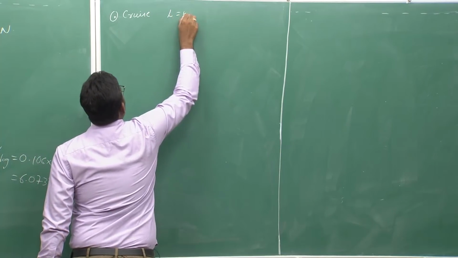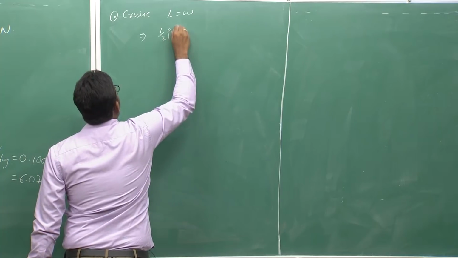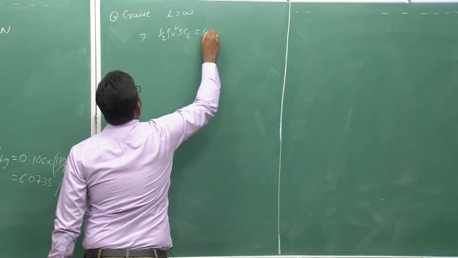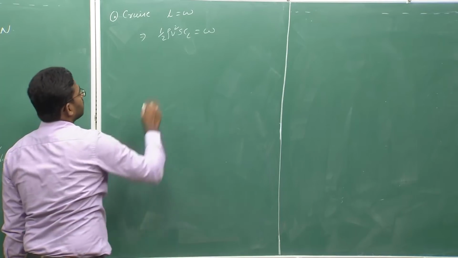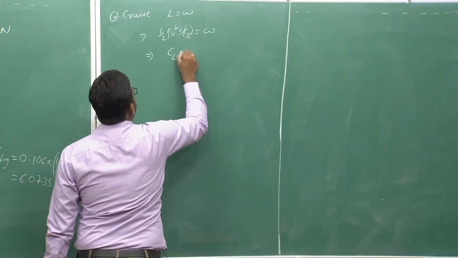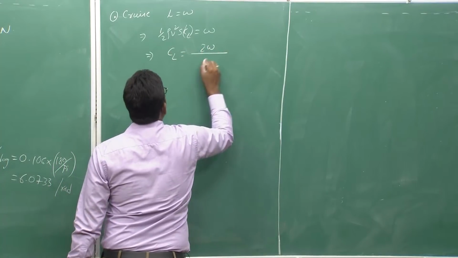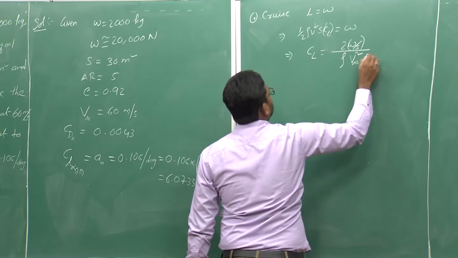we have lift equals weight, that is, half rho V square S CL is equal to weight. So this should be your CL during cruise, that is 2W by S divided by rho V square.